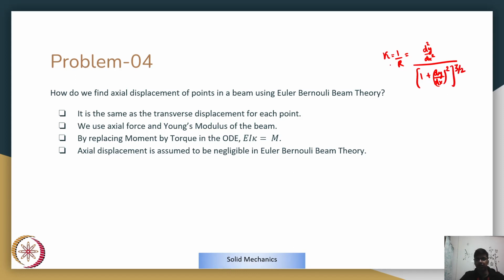This is your curvature, and from here we make the assumption that dy by dx is tending to 0.